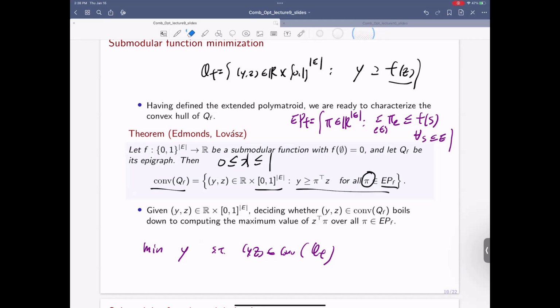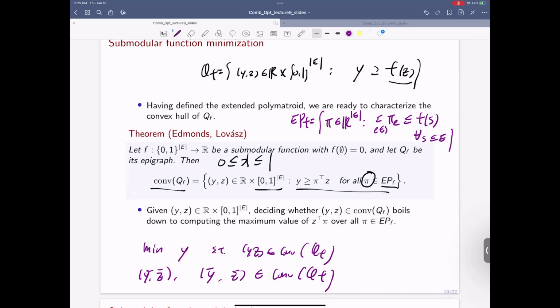Okay, so then what is the separation problem? Given (y bar, z bar), can you prove that (y bar, z bar) belongs to the convex hull? Or if not, can you return an inequality or separating hyperplane that separates this point from the convex hull? What you need to do is check whether this inequality is satisfied.